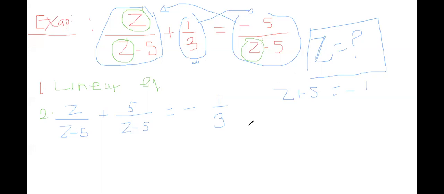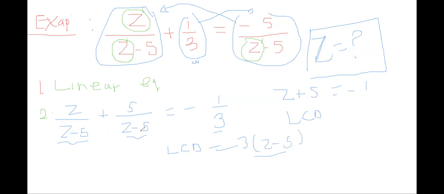When you have fractions and you want to get rid of them, remember the lowest common denominator. Here we have a number mixed with variables. This and this are the same, and we have this, so your LCD will be this multiplied by this, so it will be 3 into z minus 5.